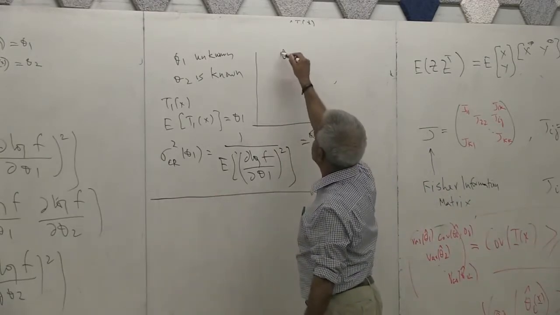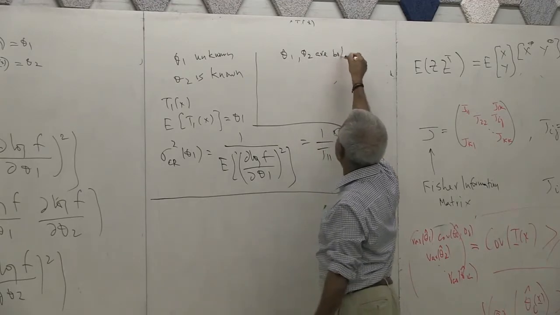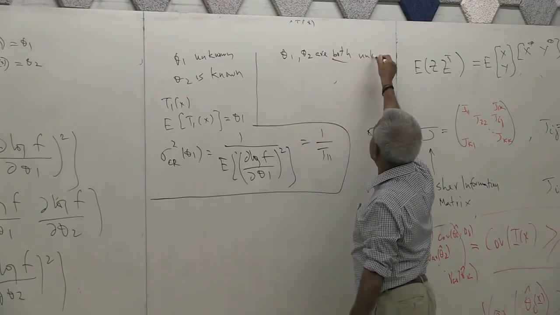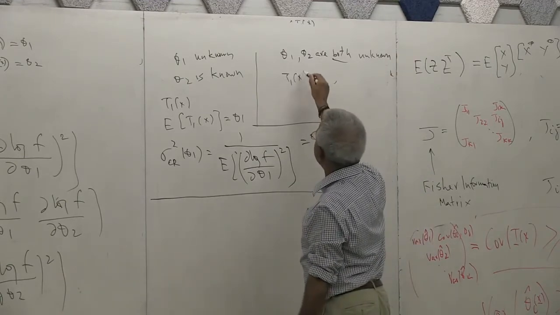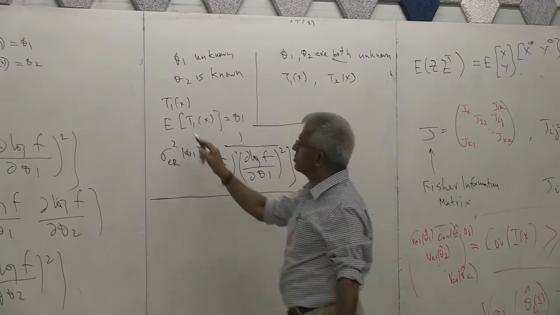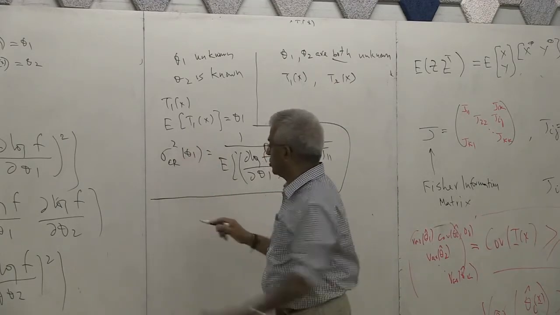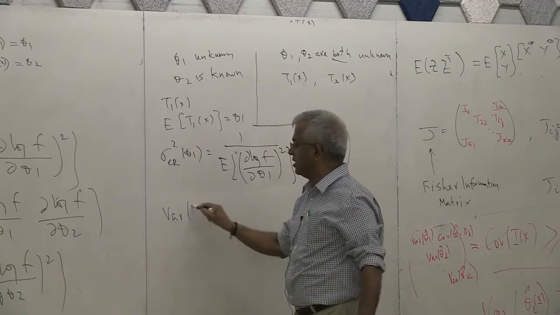Now here I said theta 1, theta 2 are both unknown, and I come up with estimators T1 and T2. Both are unbiased. And remember, here it's a different issue. You can also find the variance of this T1.